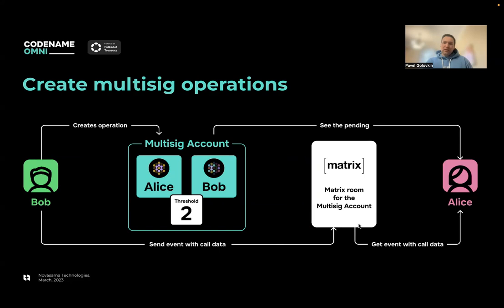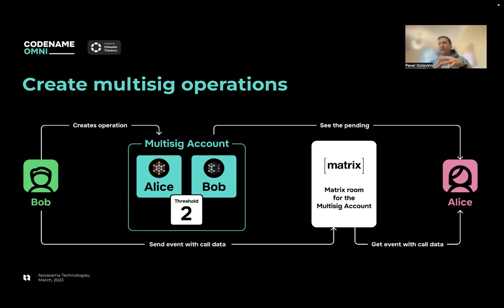She also gets the event that was sent by Bob through Matrix. And the Omni application composes these two pieces of data, the on-chain data from the storage on the blockchain and the call data from Matrix. And now Alice sees the full picture.